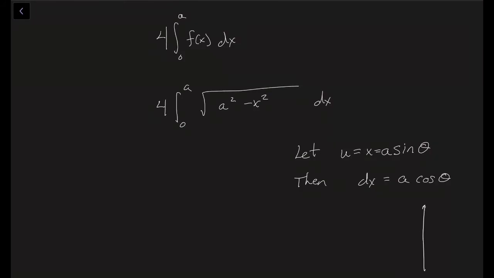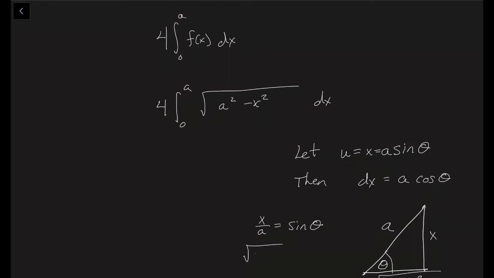And let's go ahead and draw our triangle now to figure out what a squared minus x squared is. So if this is theta, we have x over a is equal to the sine of theta. So sine is opposite over hypotenuse, and then using the Pythagorean theorem, we get that this is the square root of a squared minus x squared.